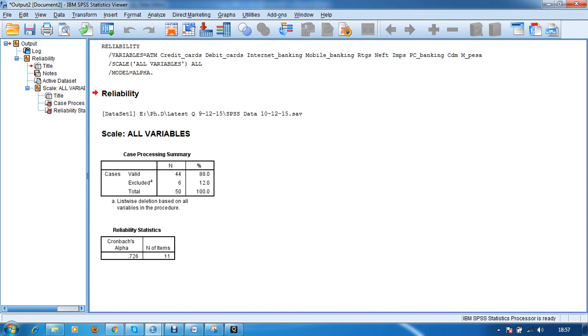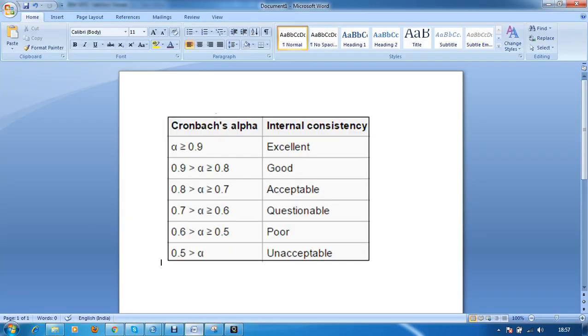Let us go to the data now, where I can find which value is appropriate to be considered in order to have a good Cronbach Alpha score. This is the table which says that if I have an alpha value of less than 0.5, then I must consider that data set to be unacceptable.